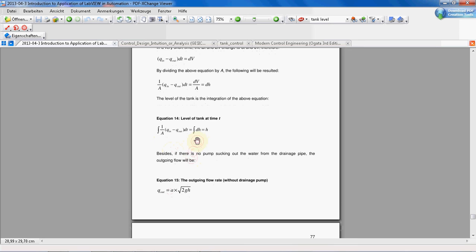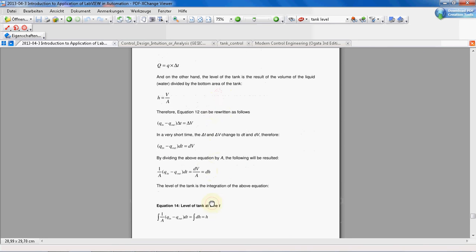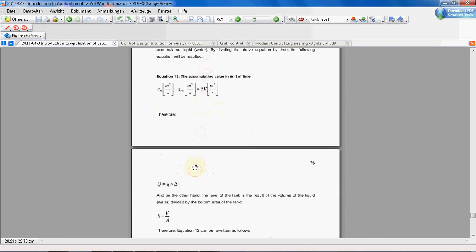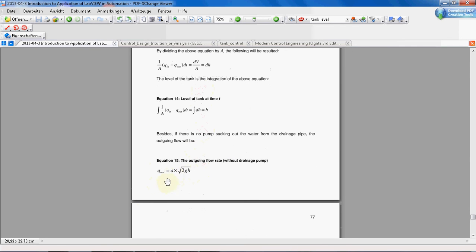Okay, and for Q out, if there is no pump to pump out the water, the velocity of the flow here is a function of the level of water. So we will have this equation.